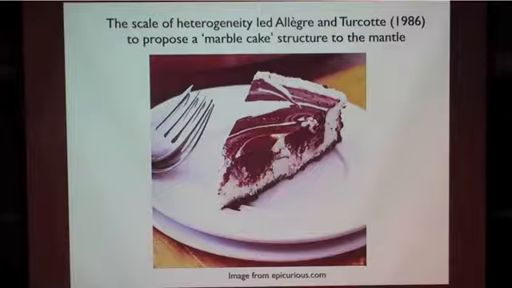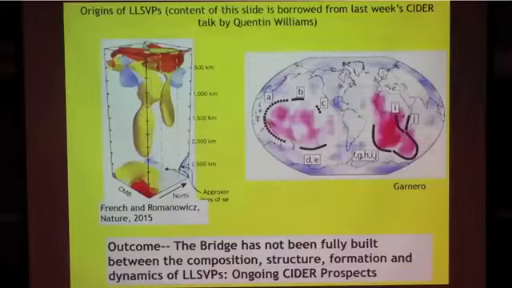So the idea was that maybe that's what the mantle looks like. And then by extracting melt from that, you would get some sort of averaging in the upper mantle, which would give you the more or less well-mixed upper mantle, and then maybe the hotspots would be extracting from some other, less homogeneous region. So that's the idea.